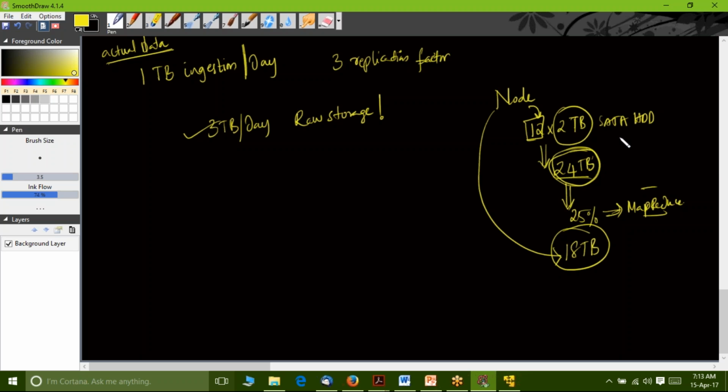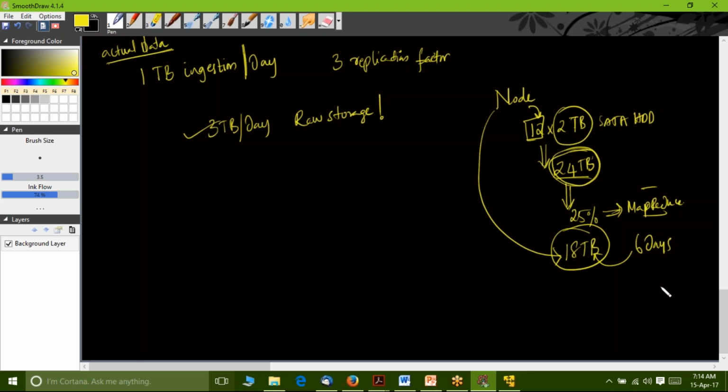I hope you got the point now very clearly. Now in this 18 TB, how much data can I store? I can store the data equivalent to 6 days. 6 days data I can store in 18 TB, because each day is 3 TB including your replication, at the rate of 1 TB per day ingestion into your Hadoop cluster.